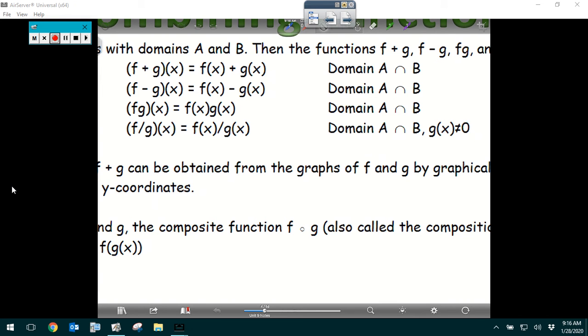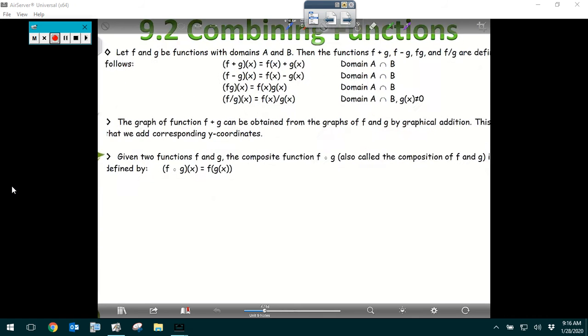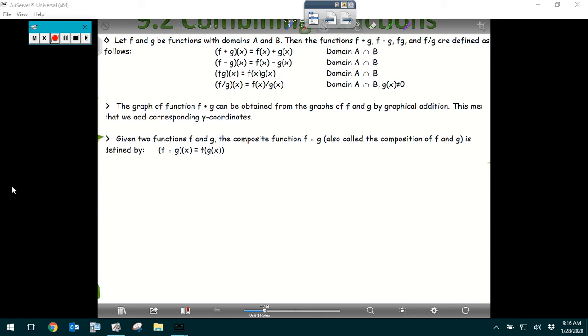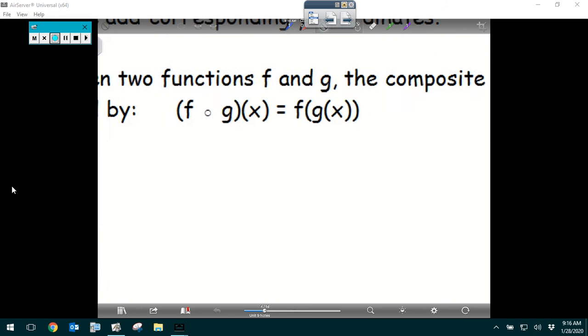We're also going to look at composite functions. So composite functions, we've got a picture of that right here. Two different kinds of notations. They mean the same thing. I actually prefer this kind of notation. I think that's more telling about what to do. That means that you take the function g of x and insert it inside of f of x everywhere there's an x.